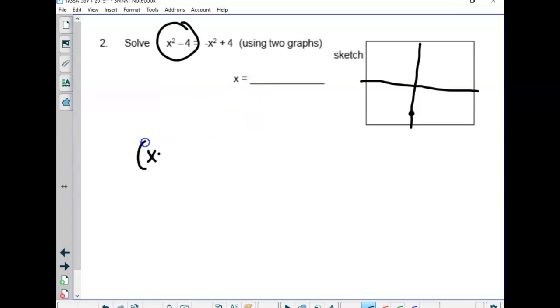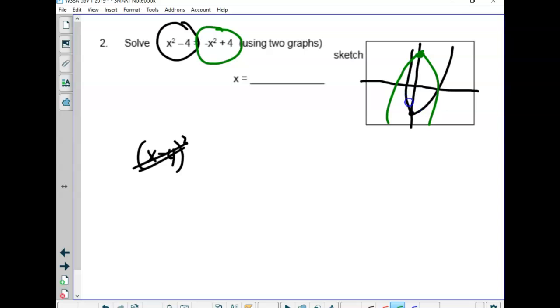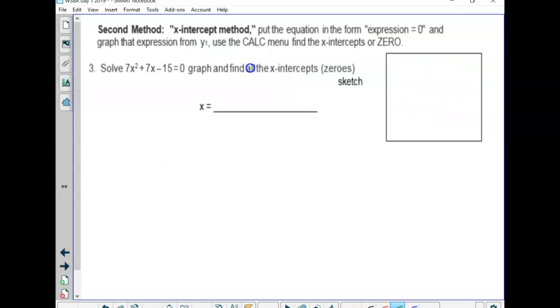If it had been x minus 4, then it would have been to the right. Okay. So this one is down here. What's the other one doing, guys? I'm the worst drawing ever. The other one is a parabola that opens down that starts up here at 4. Yeah, well, I think they cross at -2 and +2 if you graph them much more accurately than I did. But I'm going to just move on.